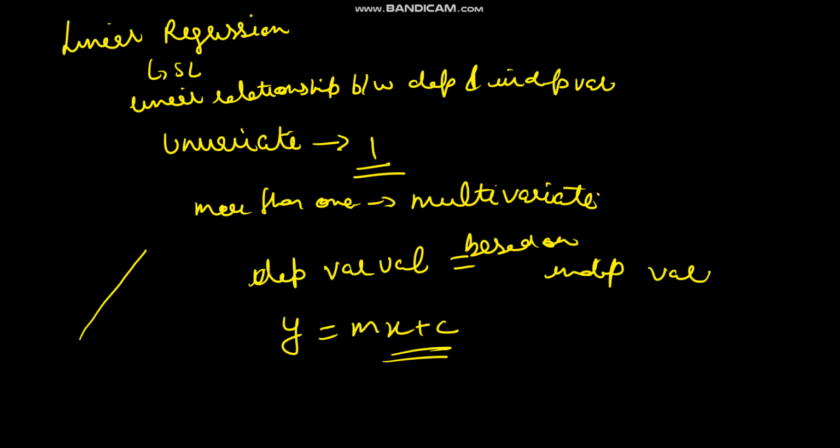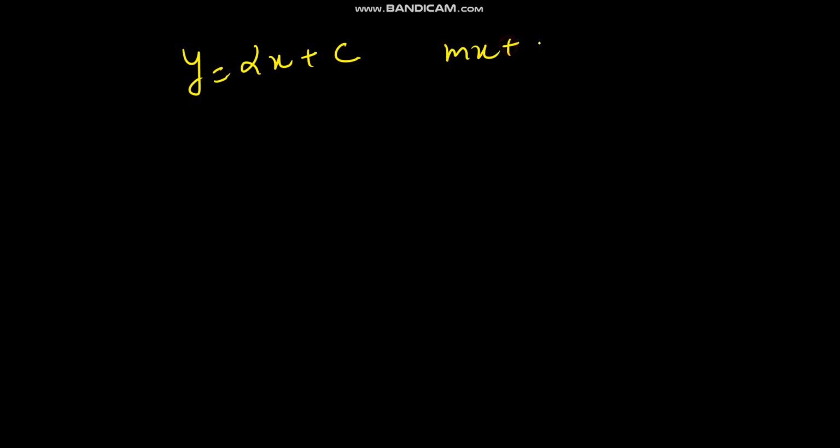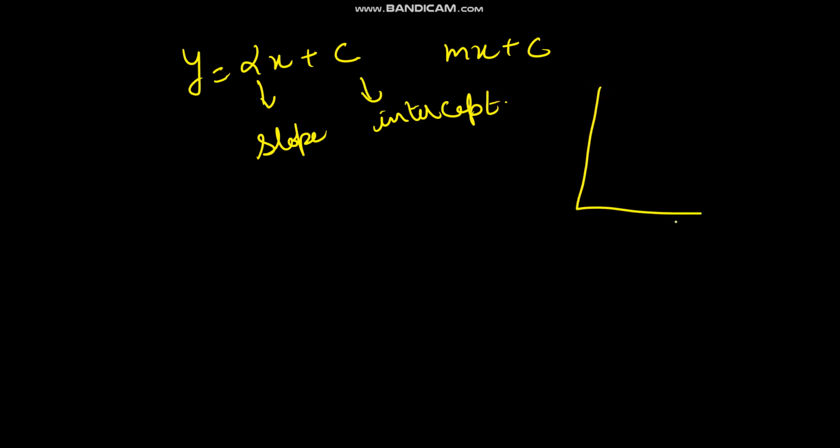Let's understand this in detail. Suppose I call this equation y equal to alpha x plus c, or you can call it mx plus c. Here alpha stands for the slope, and c is the intercept value. The equation along the x-axis and y-axis is drawn like this, where certain data points are lying around this line.